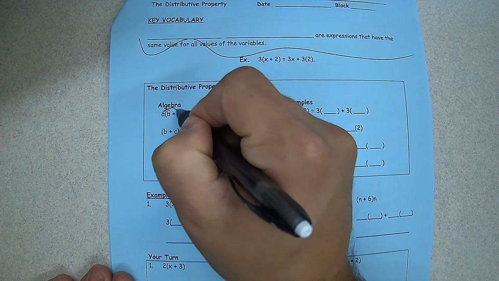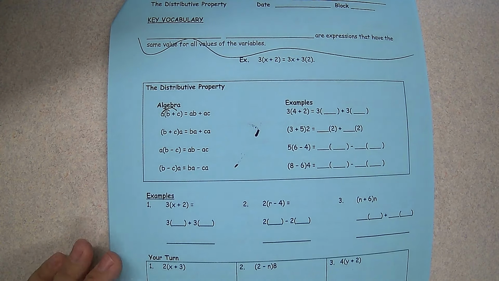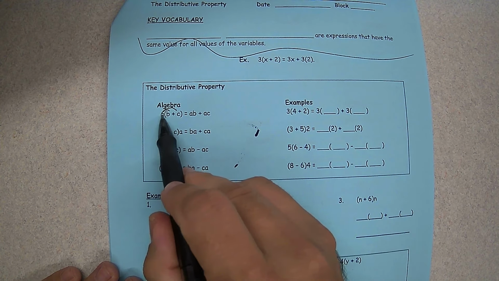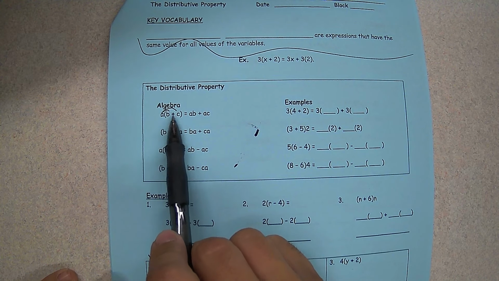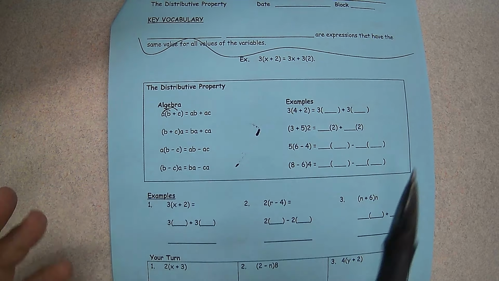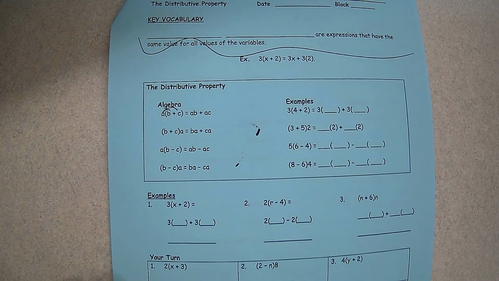I like to draw these little arrows above there. That helps me know that I'm going to multiply the a times the b and a times the c. As you get through this, we might have more than 2 terms in the parentheses. We might have 3 or 4, and so it just helps me remember what I am multiplying.